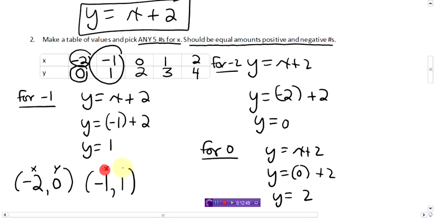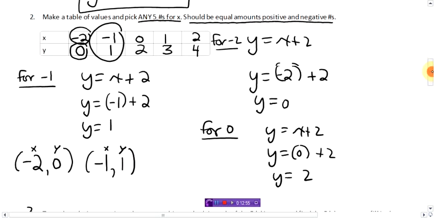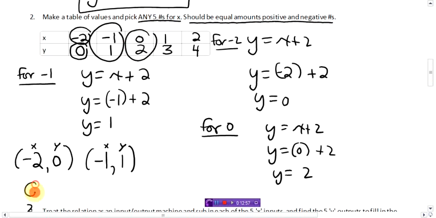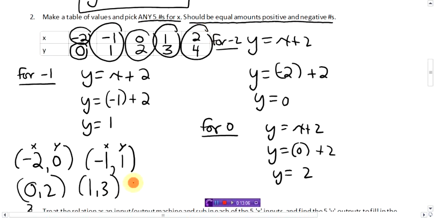Negative 1 on the x, positive 1 on the y. X always goes first. And then the other point is 0, comma 2. And then 1, comma 3. And then 2, comma 4. So those are our 5 points that we're going to put on the graph.